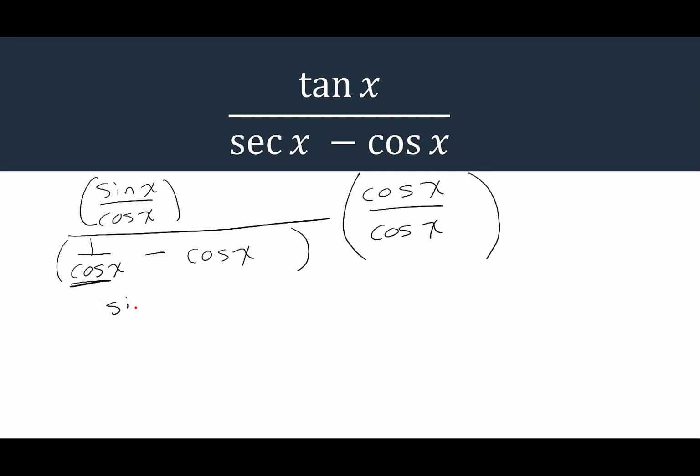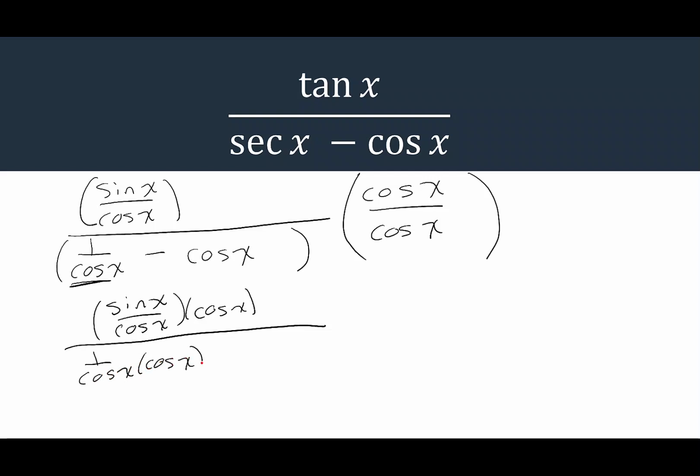So I'll have sine x over cosine x times cosine x. In the denominator, I'll have 1 over cosine of x times cosine of x minus cosine of x times cosine of x.